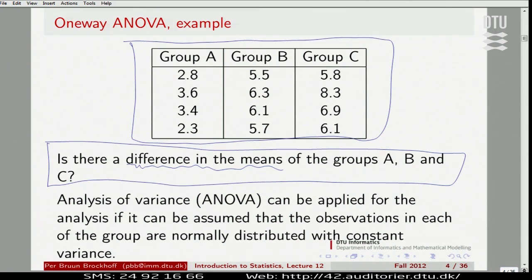So, this is what we're going to do. There are certain computations and certain thinking around what we do today. Today is about statistics for the three means: how to make this hypothesis test about whether they are the same or not, how to compute it, and how to interpret it.